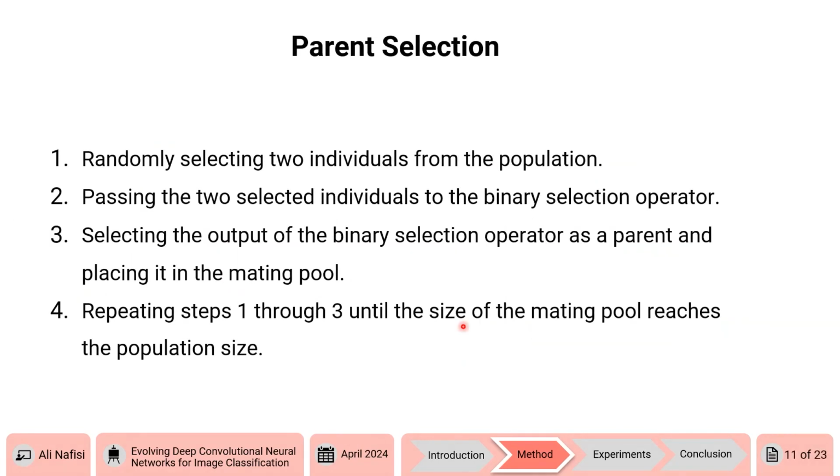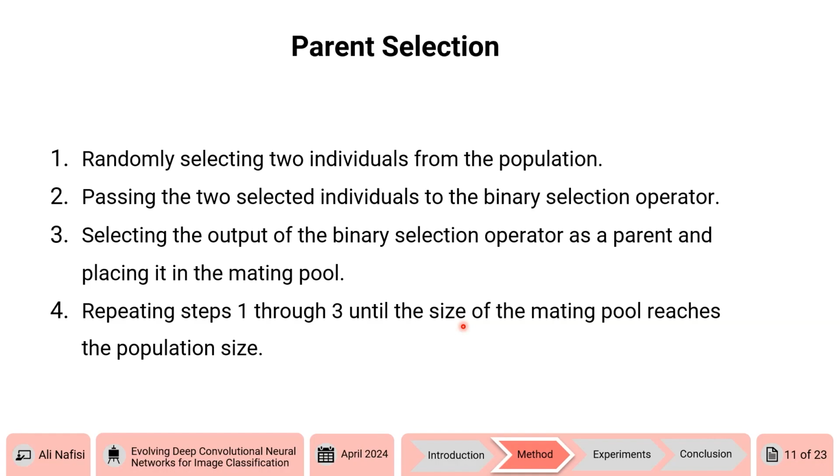Here is the procedure for the parent selection. We select parents by this algorithm. We randomly select two individuals from the population, uniformly random, and we pass those two individuals to the binary selection operator that we discussed in the previous slide. That operator will return one of them.